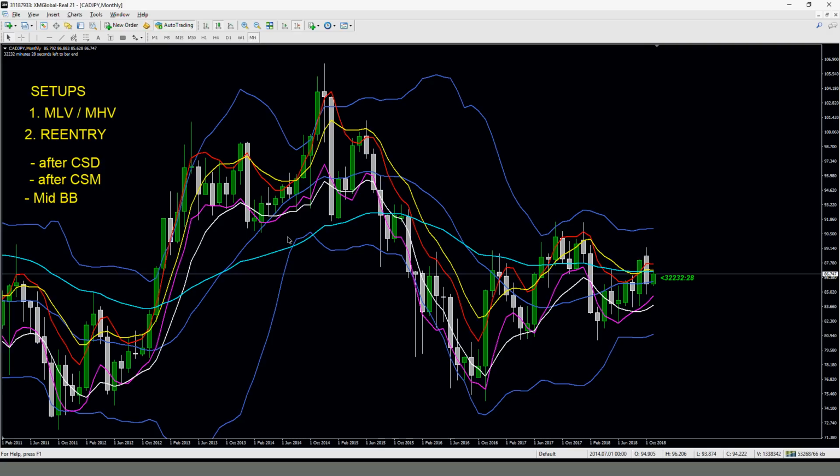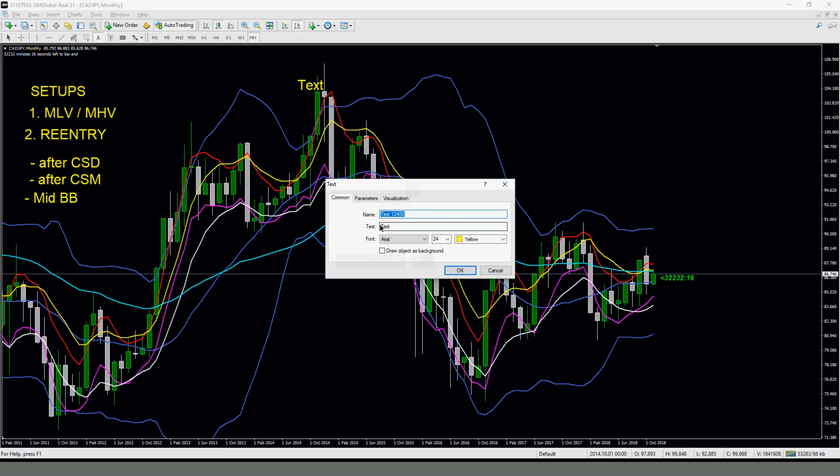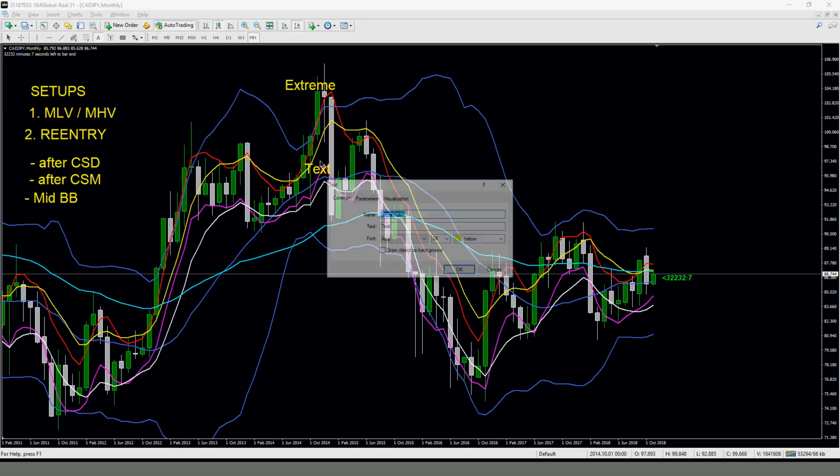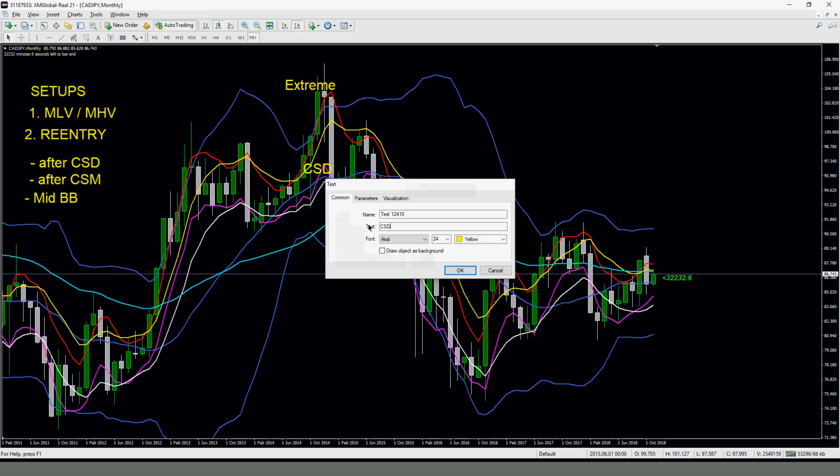We have a double extreme on this time frame at the top. So we have an extreme and we have candlestick direction over here. Let me just mark this. So we have an extreme there, and we also have the CSD.